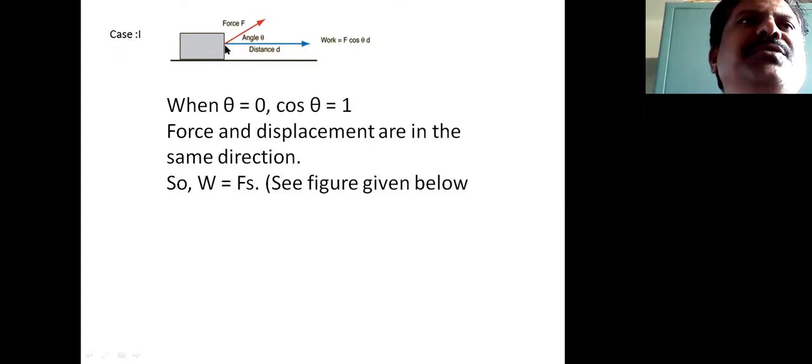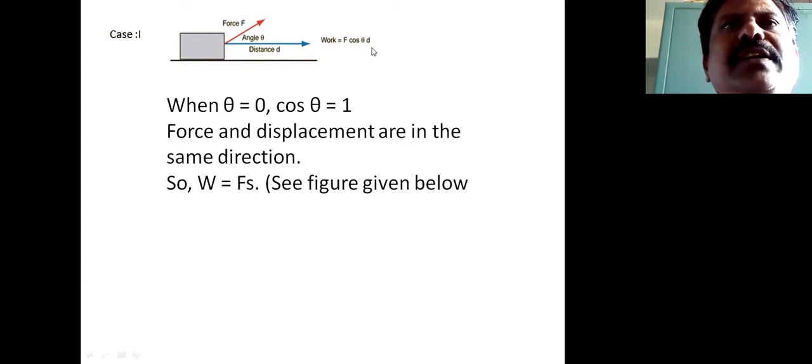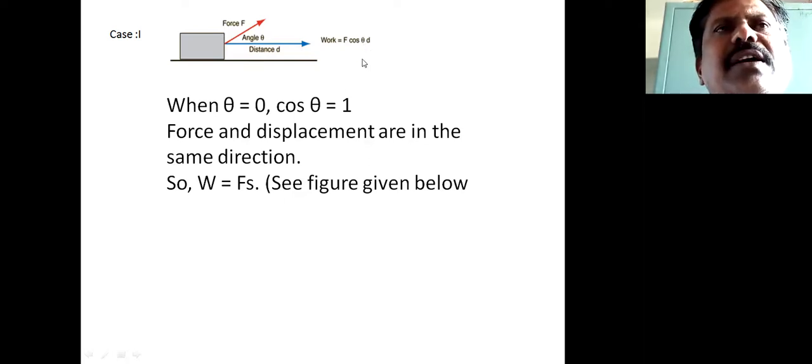If the applied force makes a certain angle with the displacement, then the work done on the object by the force is W equals F cos theta into d.